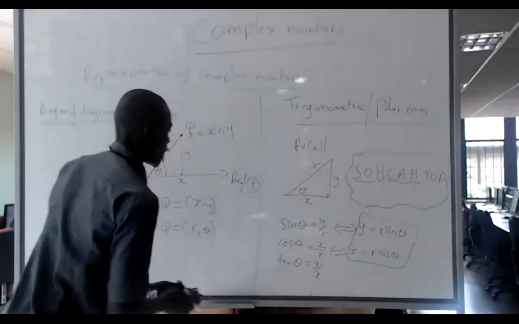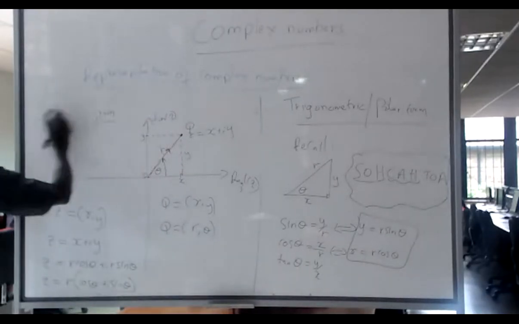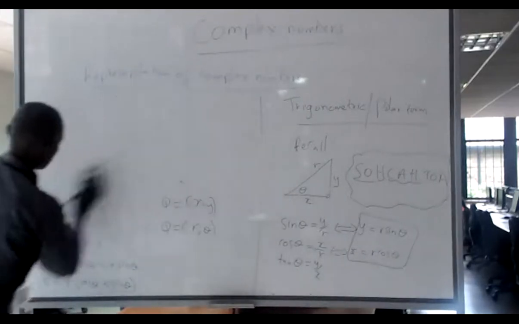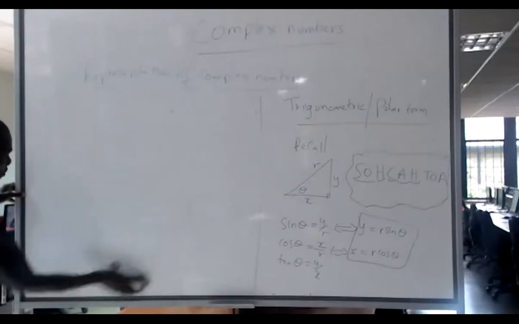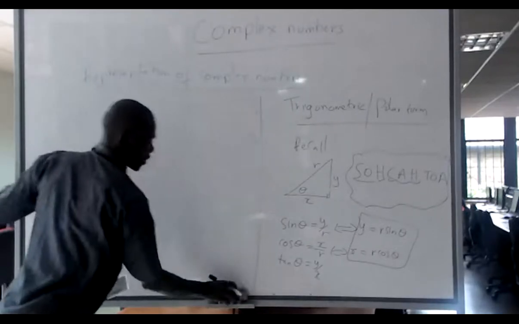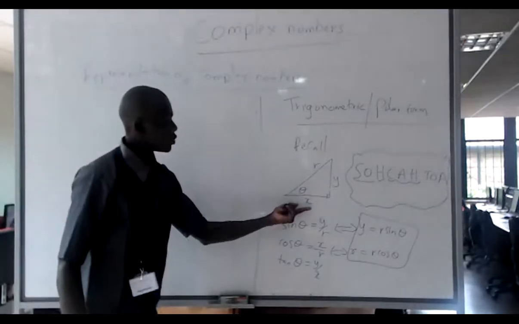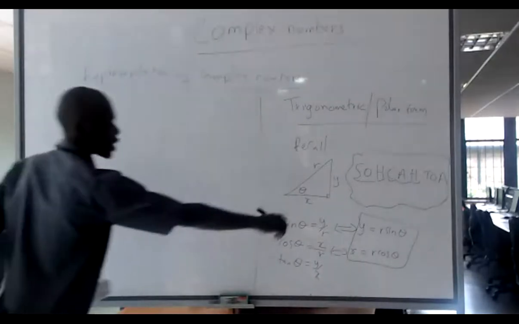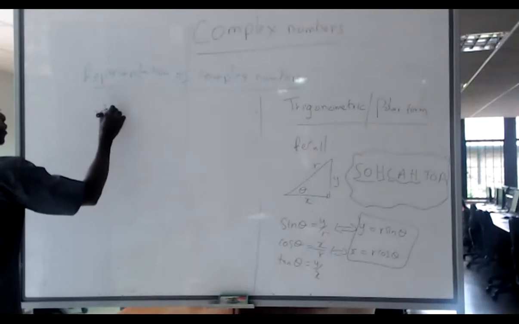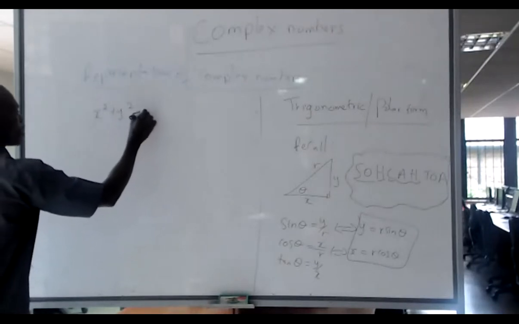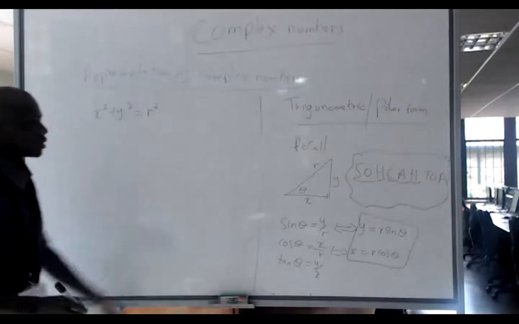Let me give you an example. But before the example, I also need to remind you of Pythagoras theorem. Given this right angle triangle, we know that x squared plus y squared is r squared.